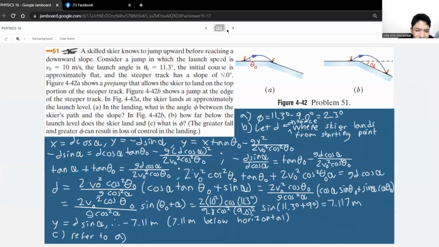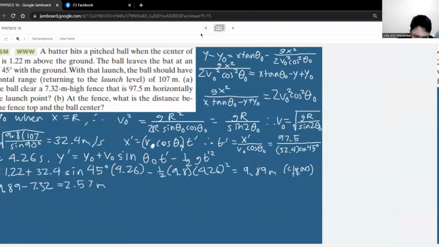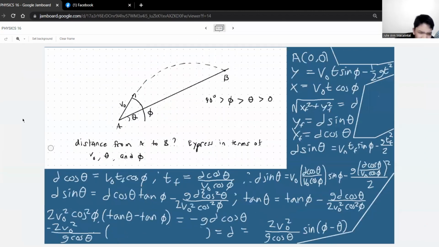May nalaglag po kasi dito. Squared na siya. So, ano yung denominator? Reverse engineering. So, kung ito, cosine lang, ginawa square ito.